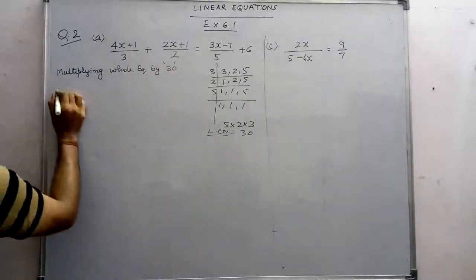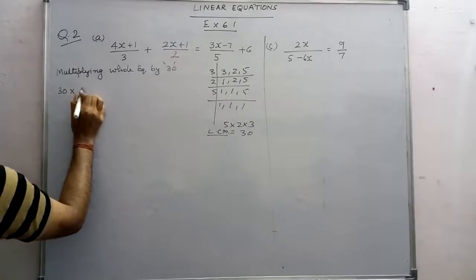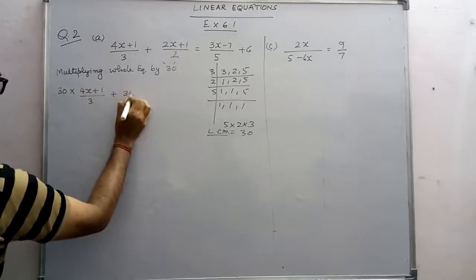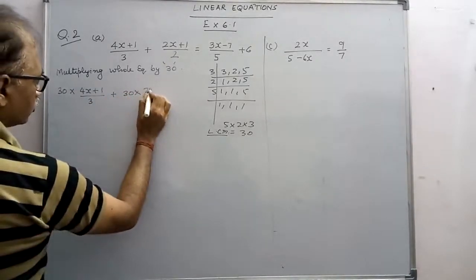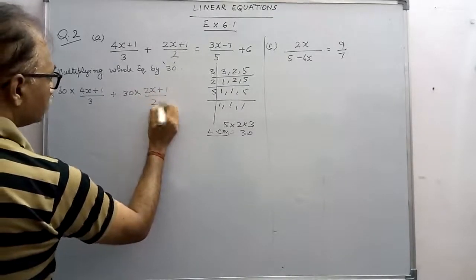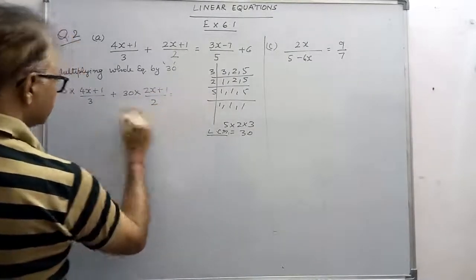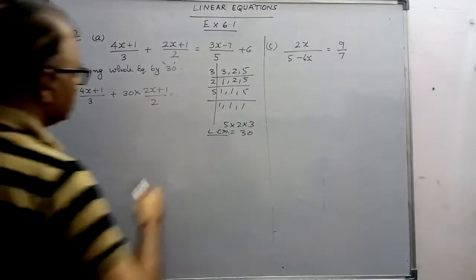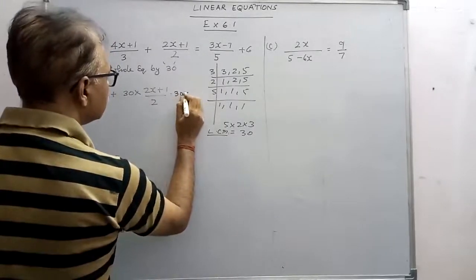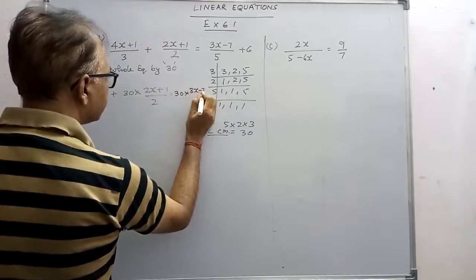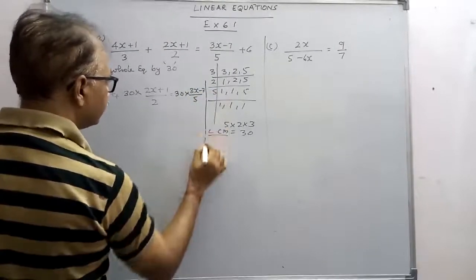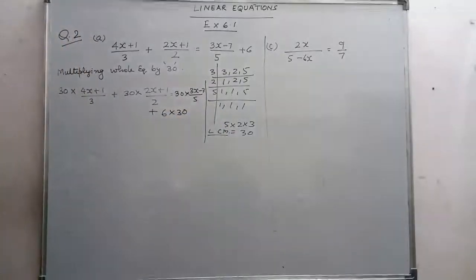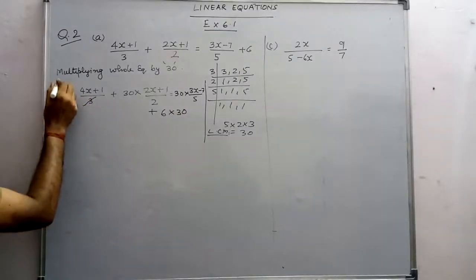As a result you will get 30 into (4x + 1)/3 plus 30 into (2x + 1)/2 is equal to 30 into (3x - 7)/5 plus 6 into 30. Here 3 tens are 30, cancelled.